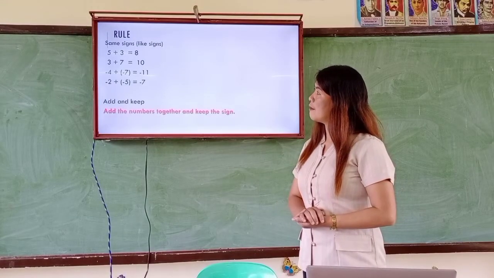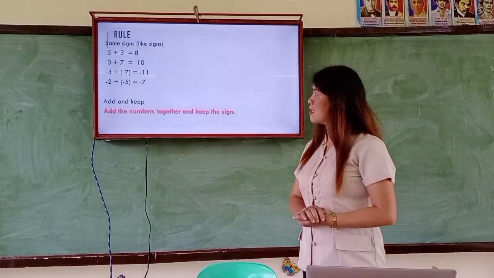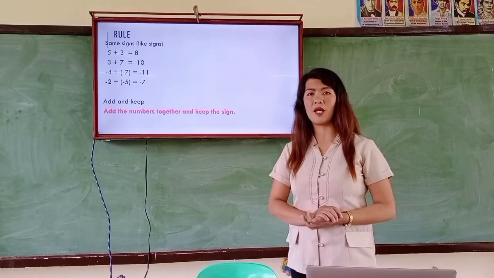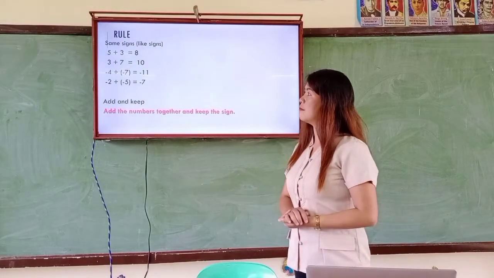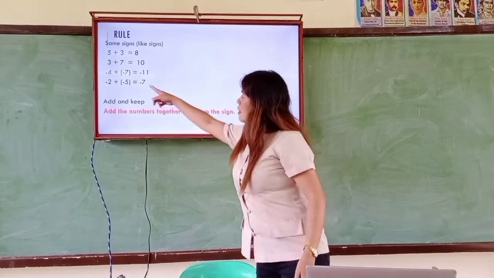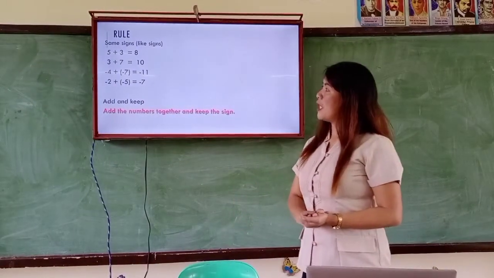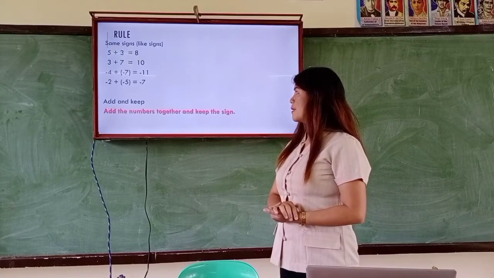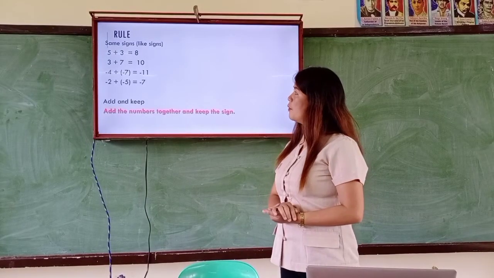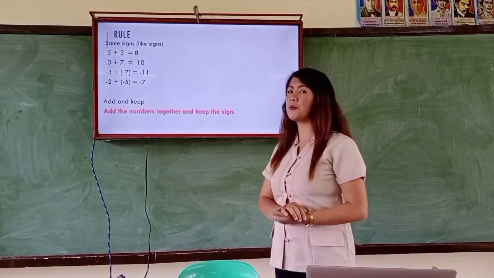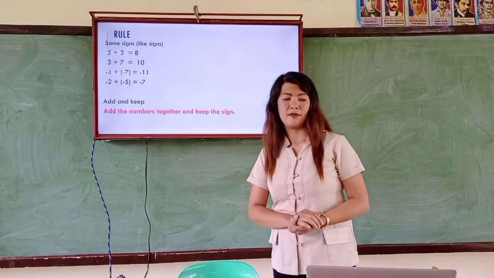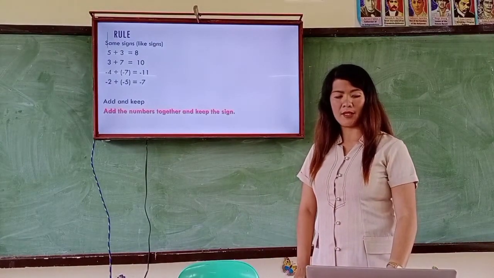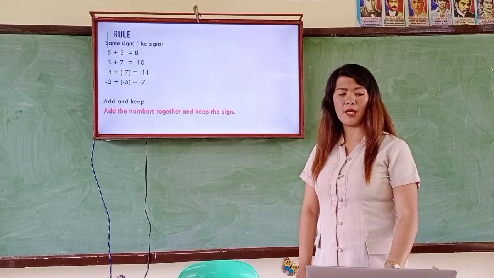So, diretso na add, 5 plus 3 equals 8. Since parehas na silang positive, the answer is also positive. In here, pareha po silang negative. So negative 4 plus negative 7. Add and keep. Add 4 and 7, 11, then keep the negative sign.